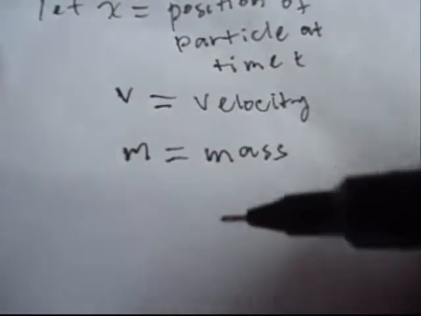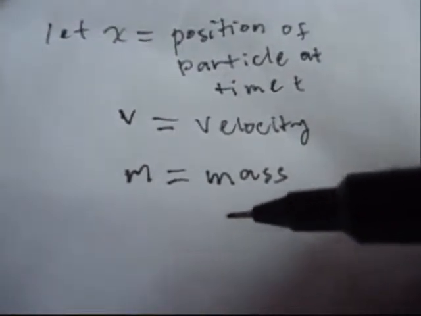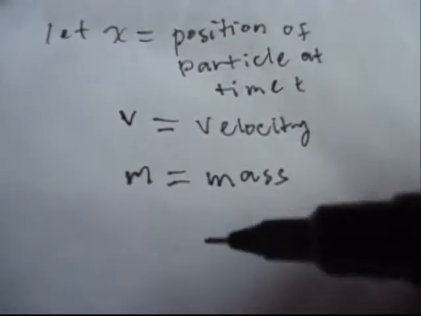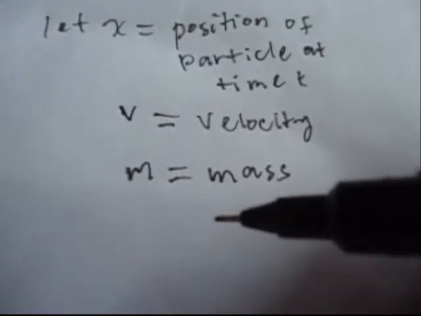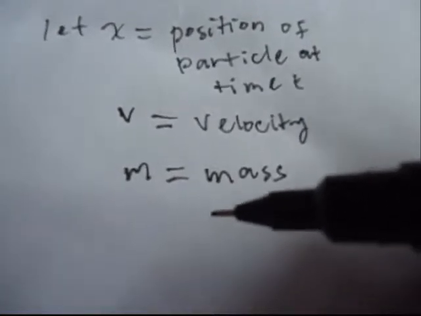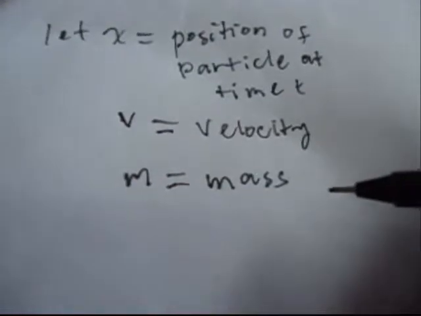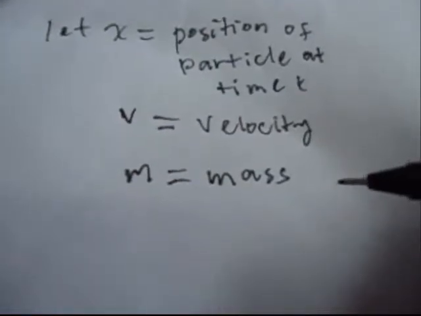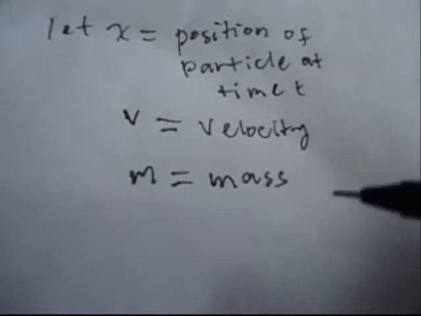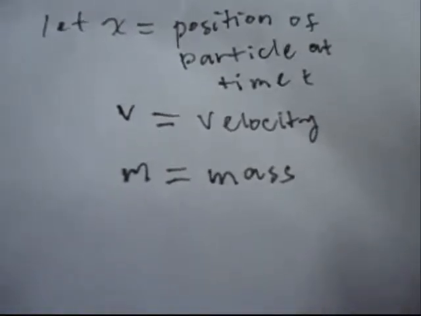What we are going to find here is the limiting position approached by the particle. First we have to find an equation for our velocity before we can find the equation for our position.